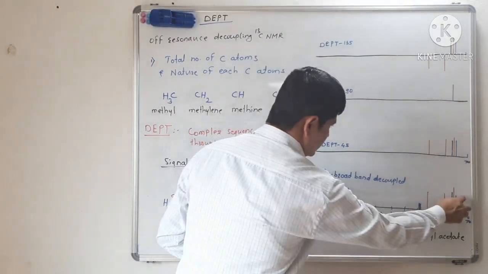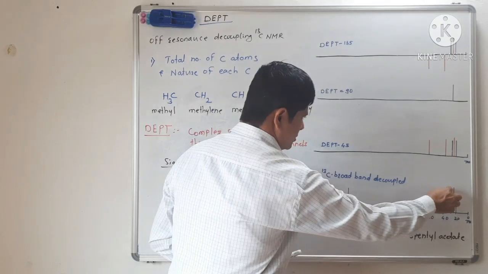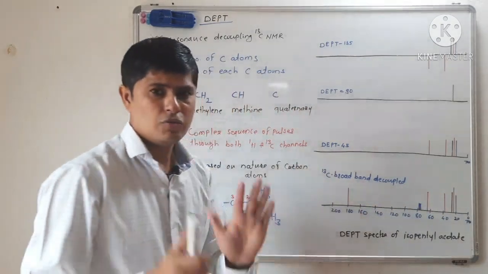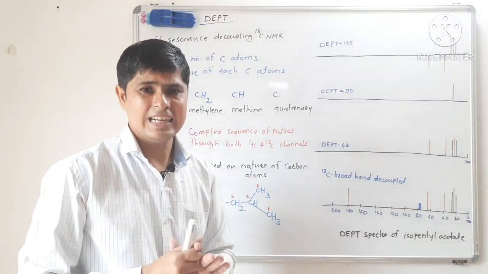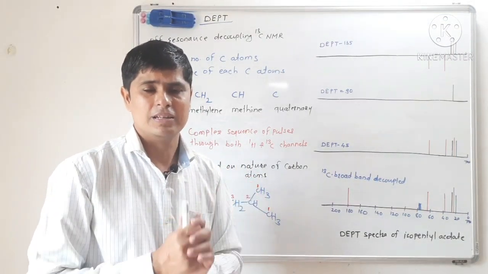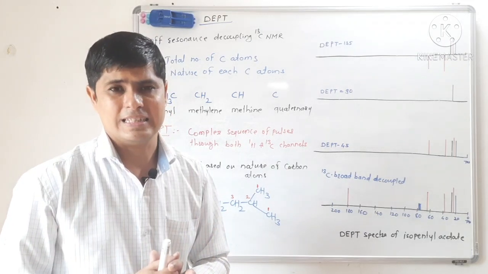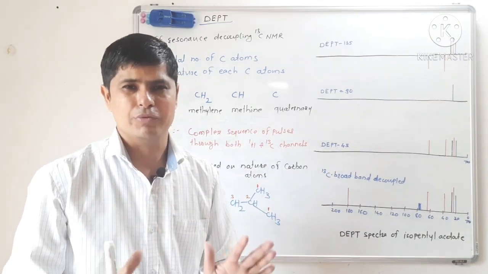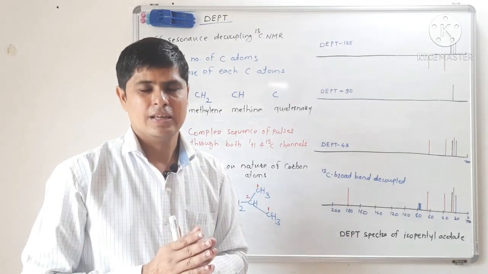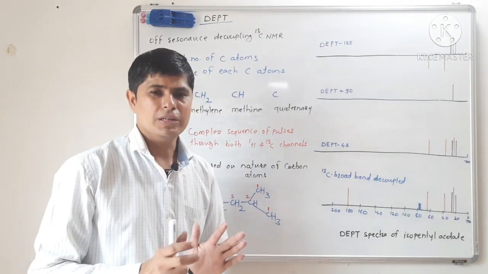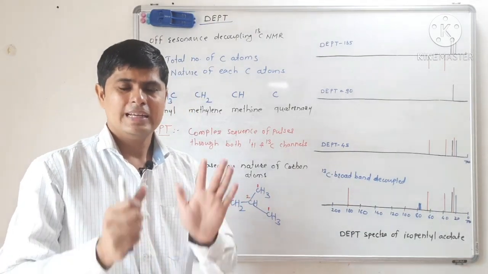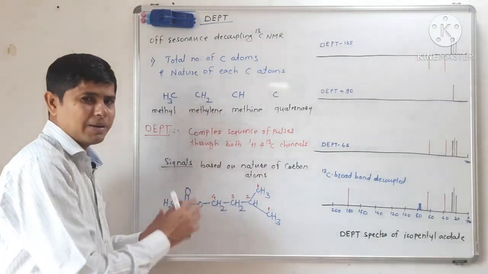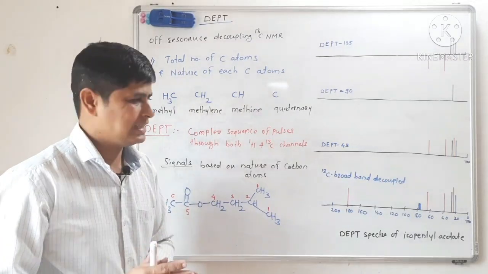This is signal number 1, 2, 3, 4, 5 and 6. It's broadband decoupled, that means protons are not going to couple with carbon, so we get 6 singlets, as there are 6 different types of carbon atom in isopentyl acetate.